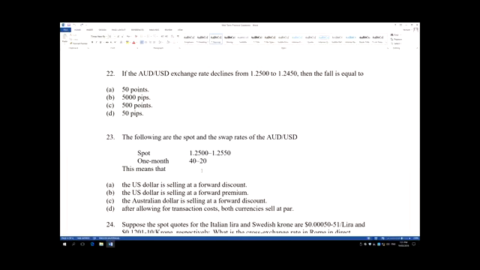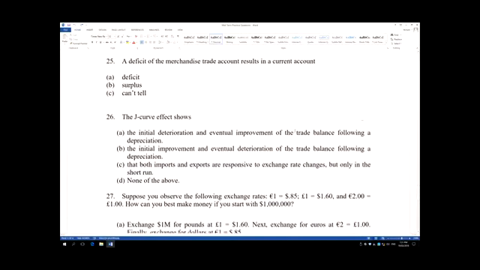Question 25. A deficit of the merchandise trade account results in a current account what? Actually, we can't tell. The current account is made up of three things: merchandise trade, services, and unilateral transfers.